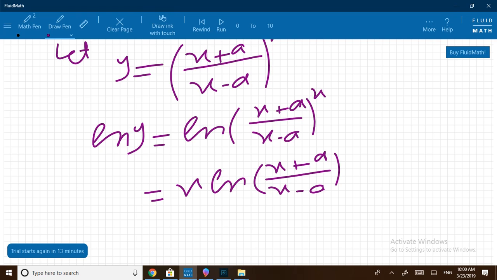The limit is obvious, x approaches infinity. Here the given limit is x approaches infinity.